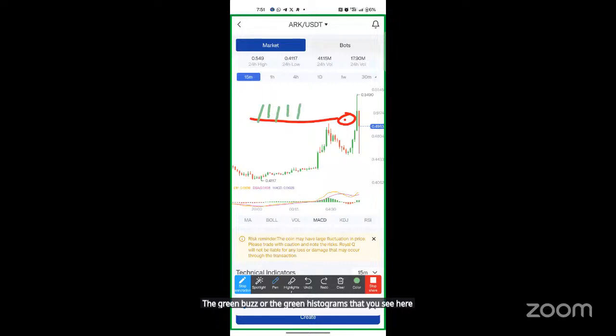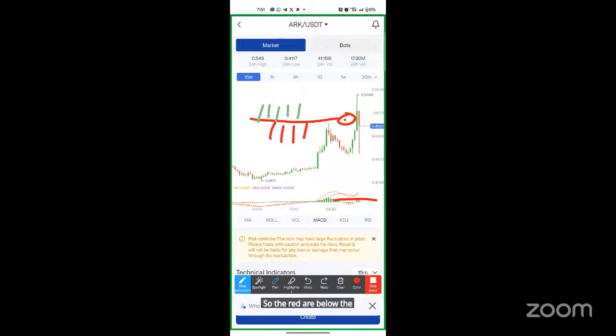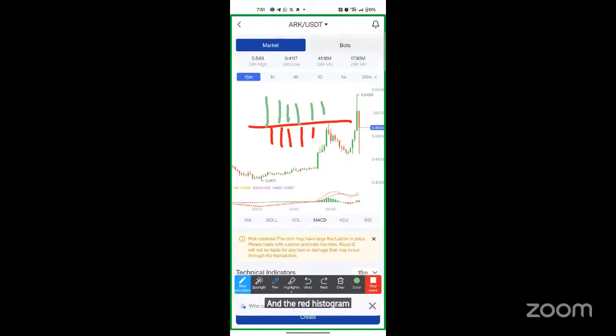It also separates the green and the red. The red are below the zero line and the green are above the zero line. That is very important that you need to know. As simple as that.